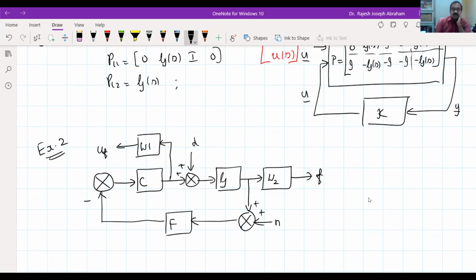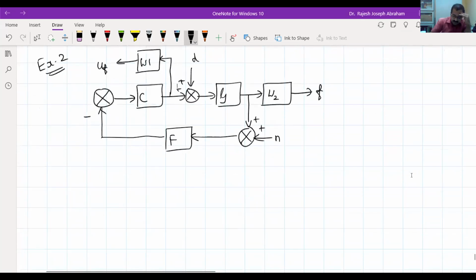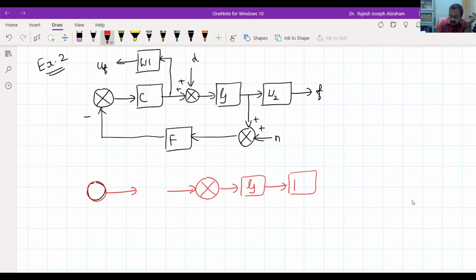As I said before, what's the procedure? Cut open the controller part. So what will you get? This is the summing point. The controller is cut open. Here is our next summing point. This is G. This is W2.